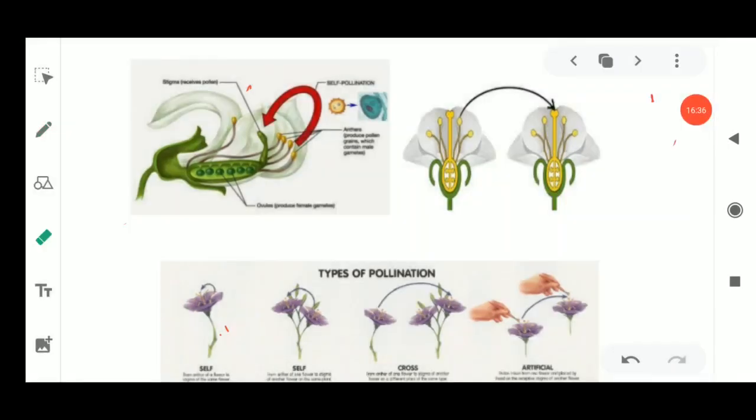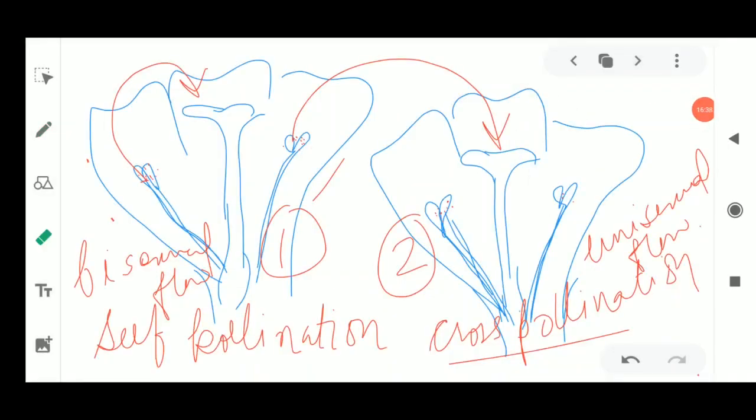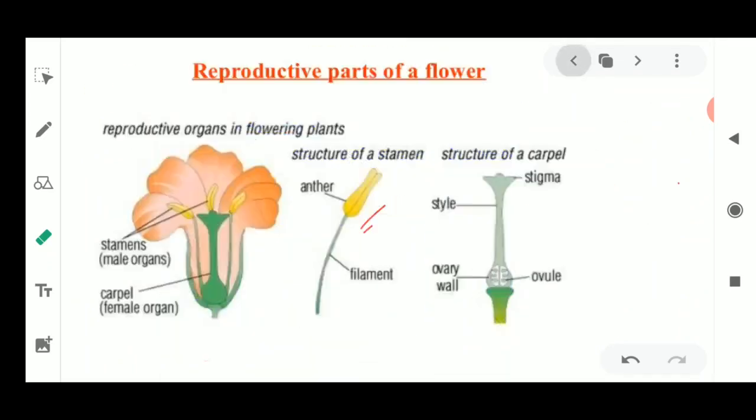One more thing that needed to be discussed was the different parts of a flower. In this diagram we have seen only the reproductive parts. So what two more parts were left? These were the sepals and the petals.